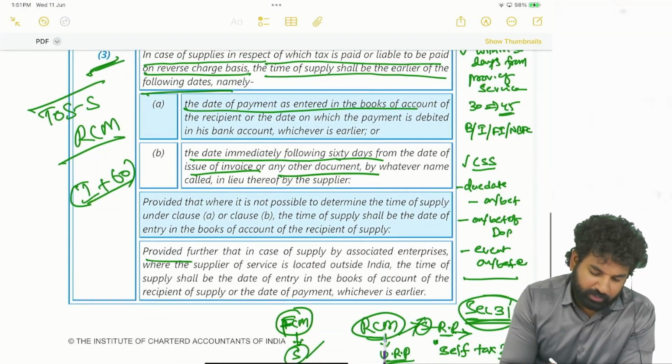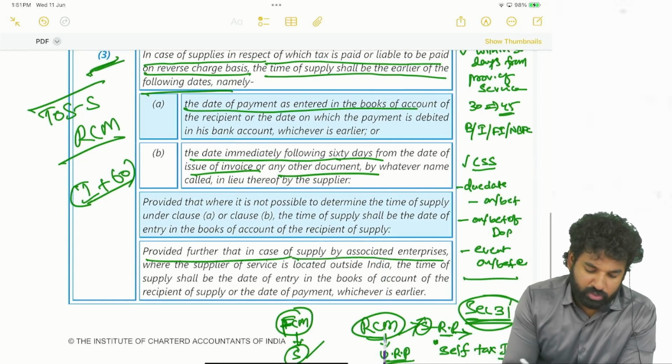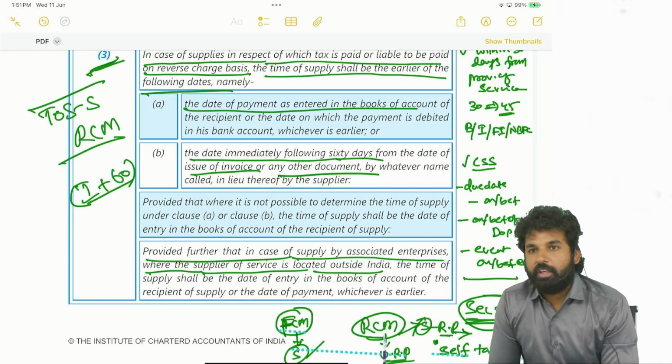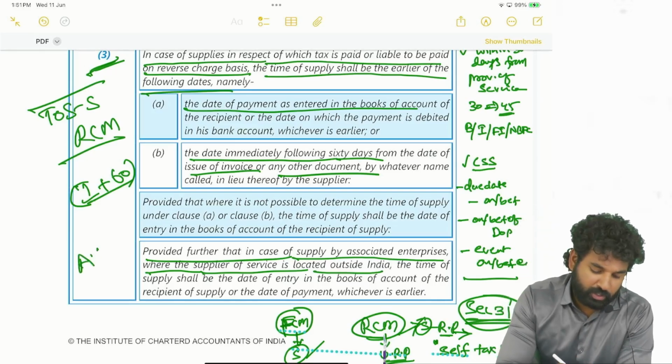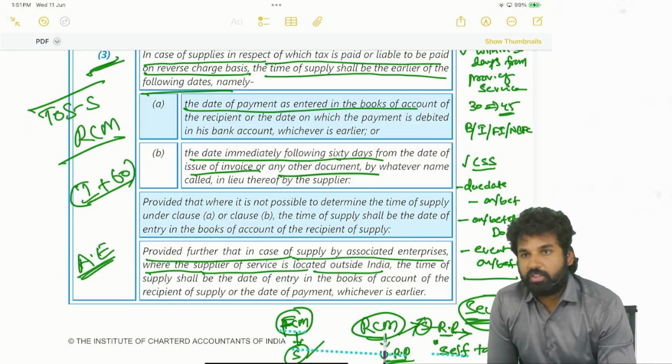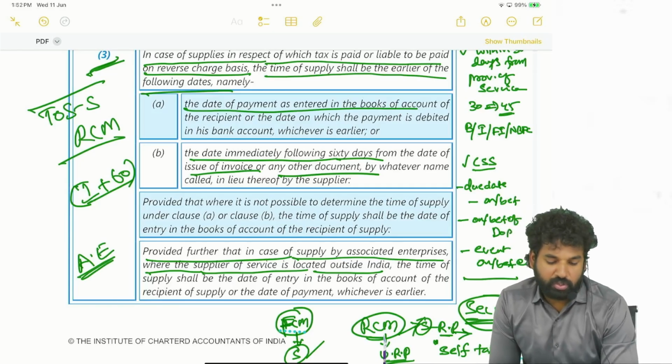Next, provided further that in case of supply by associated enterprises where the supplier of the service is located outside India. You know this associated enterprises definition: if there is more than 25% voting power, or if he is exercising control over the board or having some voting rights, then they will be called associated enterprises.